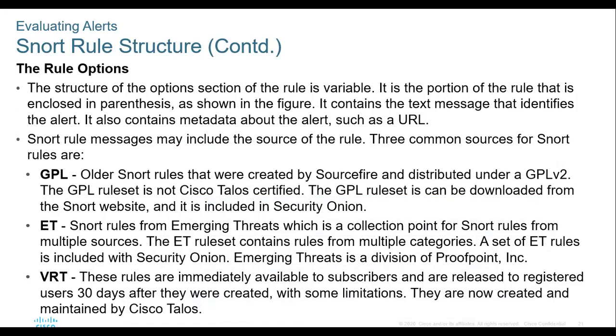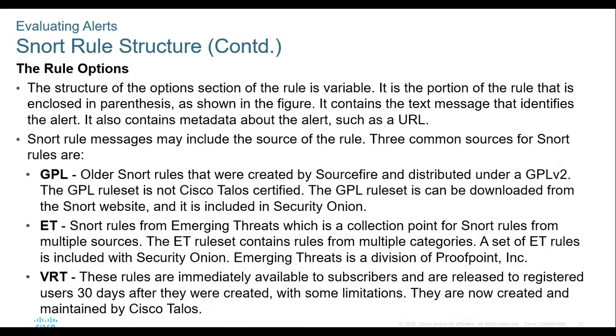These rules are immediately available to subscribers, which is paid for, and are released to registered users 30 days after they were created, with some limitations. They are now created and maintained by Cisco Talos. Rules can be downloaded automatically from snort.org using the PulledPork rule management utility that is included with Security Onion.